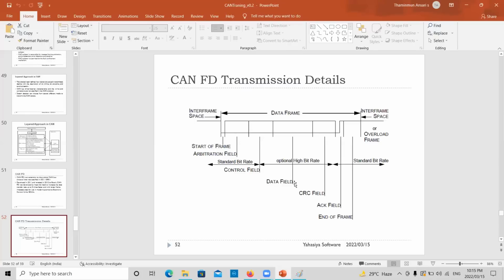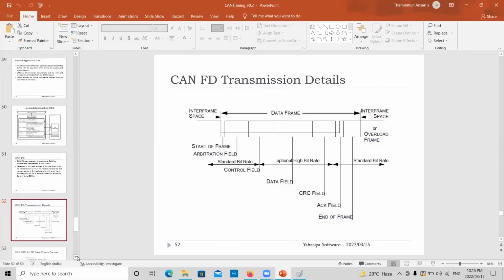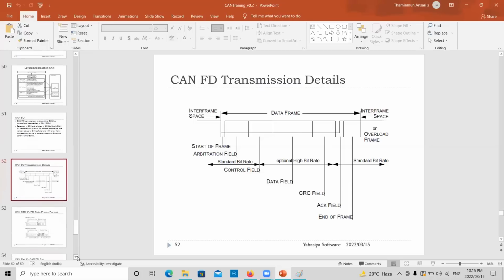But the second, higher baud rate is optional. If you want to keep both at the same baud rate, you can; not a problem. But it is good to have different baud rates because your data is very lengthy, so it is good to use a higher baud rate for data. They provide that option to switch the baud rate.